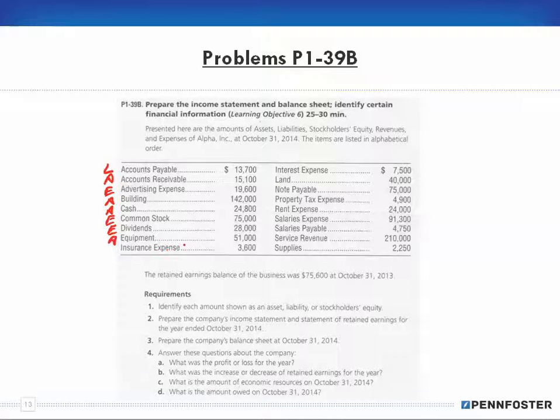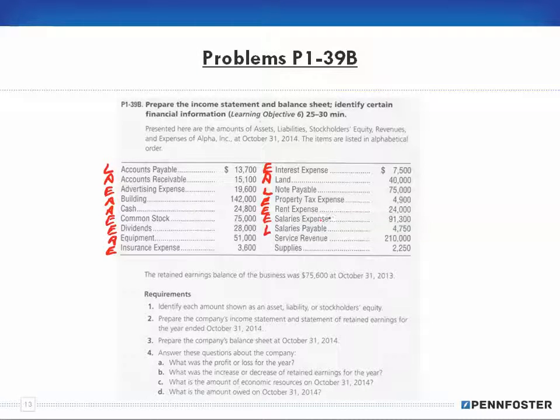Insurance expense, whenever you see expense, that's going to be equity. Interest expense is equity. Land is something we own, so that's an asset. Note payable, again, you see the word payable, think in terms of liabilities. Rent expense is equity. Salary expense is equity. Salary payable is a liability.